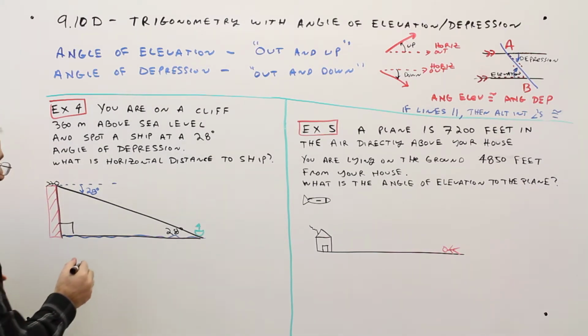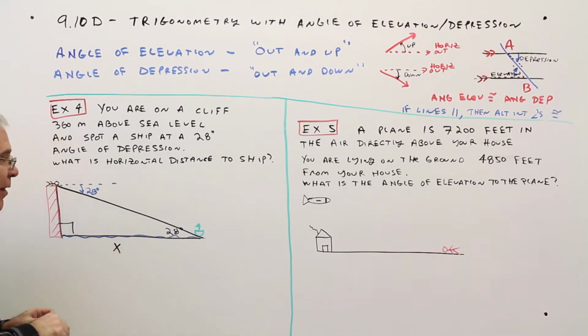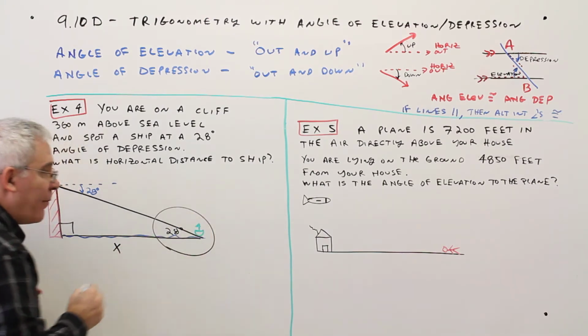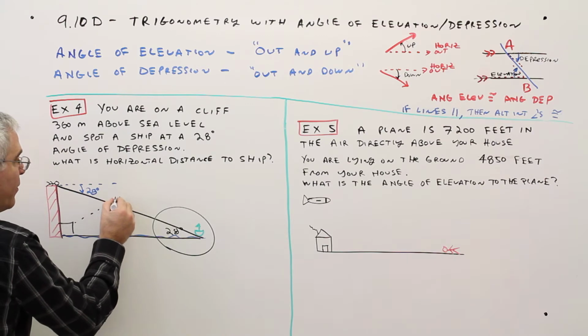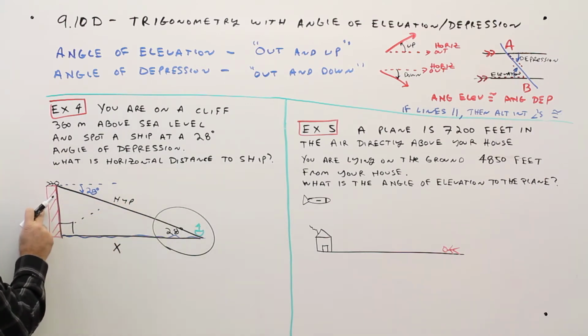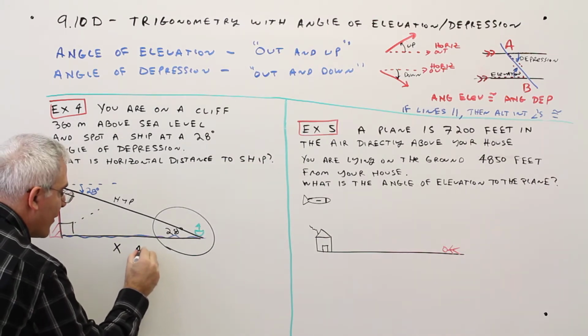All right, I want to find this value here. I'll just call it x. I'll circle my reference angle and I'll label. So you would be the hypotenuse. This is 360. This is opposite. And this would be the adjacent.